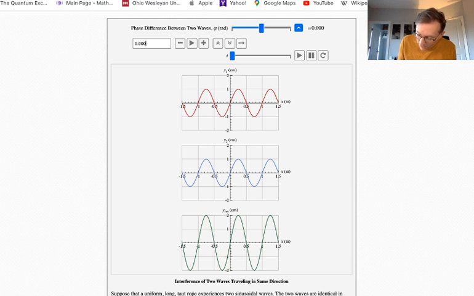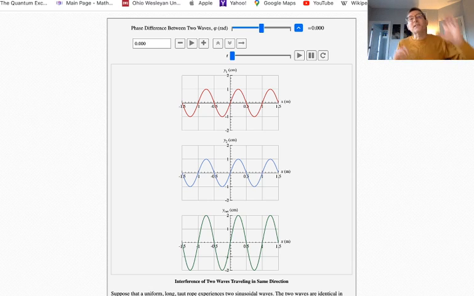Let's just use our new little formula for the amplitude of the net wave. It's 2y max cosine of phi over 2, but phi is 0 radians. Remember, the cosine of 0 is 1, not 0, 1. So this gives me an amplitude of 2y max.